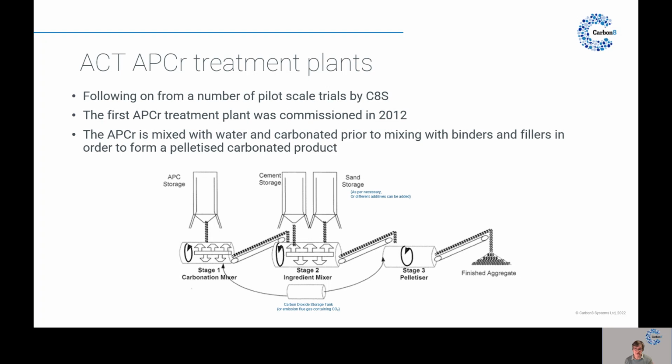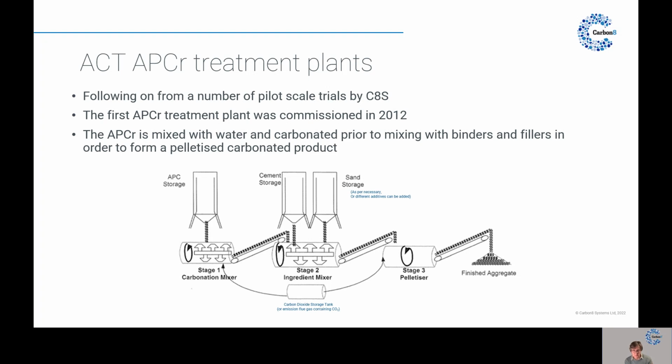In the process, we call it a three-stage process. The APCR is initially mixed with water and carbonated prior to mixing with further binders and fillers in order to form the pelletized carbonated product.